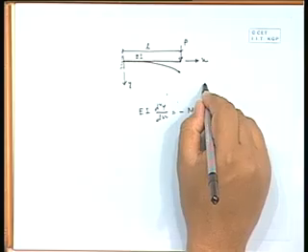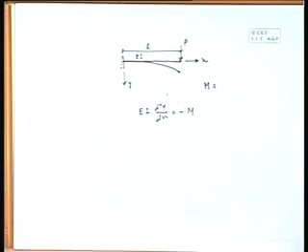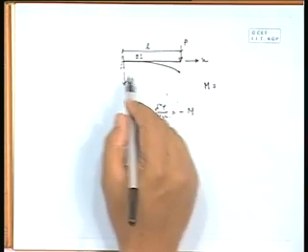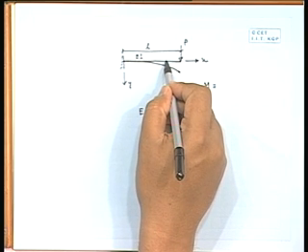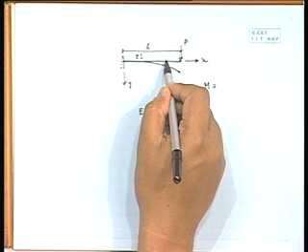Now, what will be the expression of M? M is the bending moment at any cross section. Say this is x, y. So, if we take any value of x, what will be the moment?